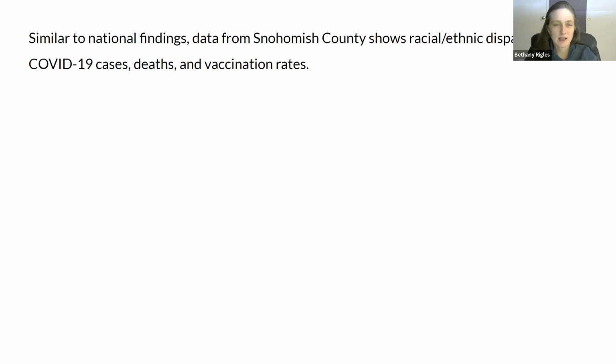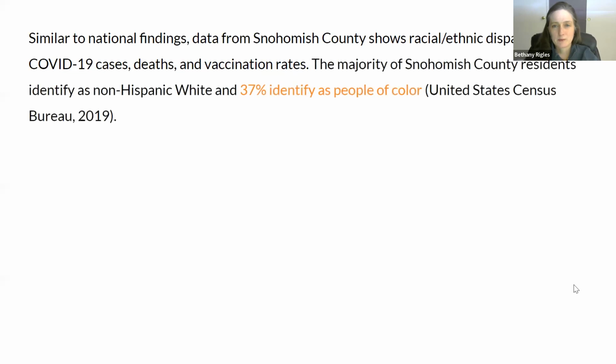Okay, similar to national findings, data from Snohomish County shows racial and ethnic disparities in COVID-19 cases, deaths, and vaccination rates. The majority of Snohomish County residents identify as non-Hispanic white, and 37% identify as people of color.